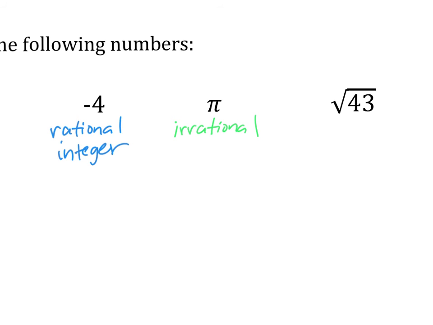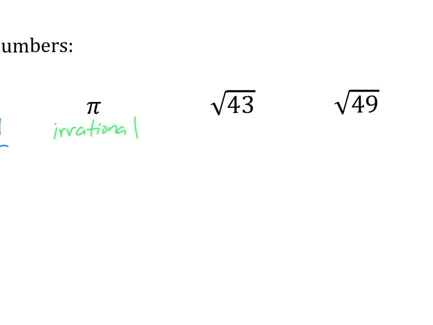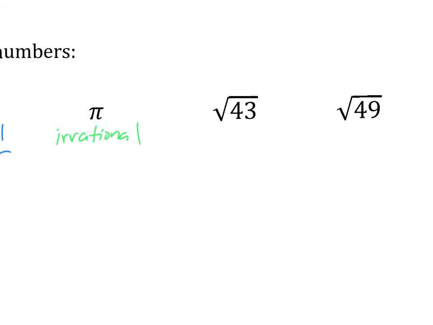Then we'll look at the square root of 43. The square root of 43 is not a perfect square, and the square roots of non-perfect squares are all irrational. So yes, the square root of 43 is an irrational number. And then finally, let's look at the square root of 49. This could actually be simplified because we know that 49 is a perfect square, and so the square root of 49 is going to be 7.